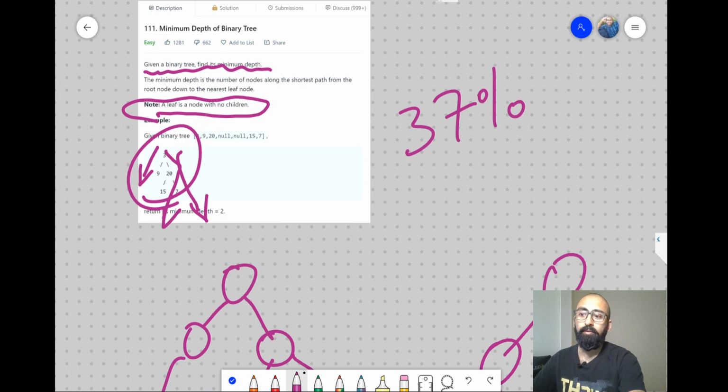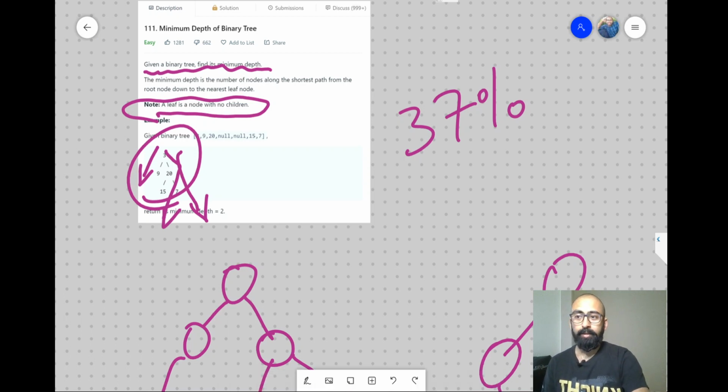You get a height of 2. So that's basically what we want to find. I think in this definition of the height, they are including the root node. Our definition generally excludes the root node. And the answer that you want to find is when you go from 3 to 9, that's basically the minimum depth. Great.